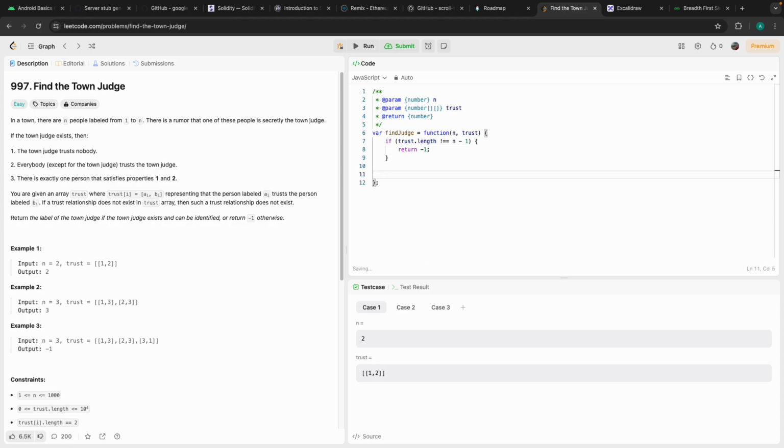Otherwise we need to go var judge null, while judge does not equal minus 1, and also I need i, var i equals 0, and i less than trust length.